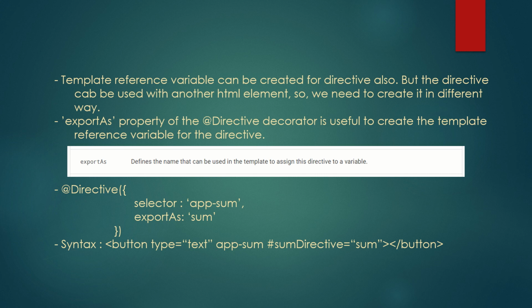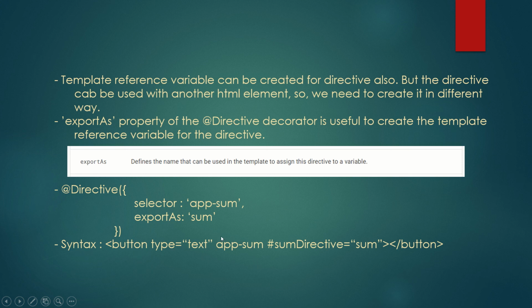Here one directive is created, appSum. There we defined exportAs as sum. If you want to create a template reference variable for this directive, then you have to assign this name to that template reference variable. Here button is an HTML element where we have used the appSum directive with this button.